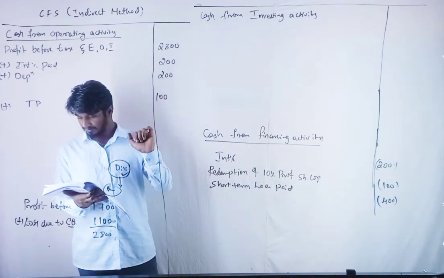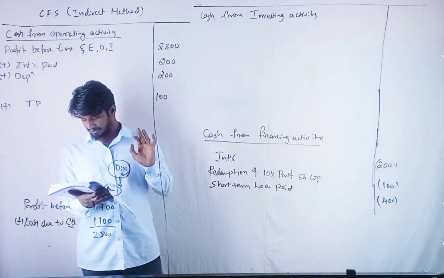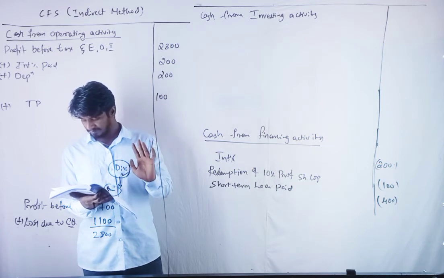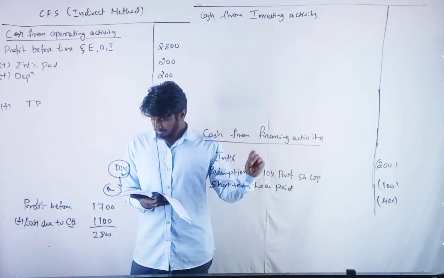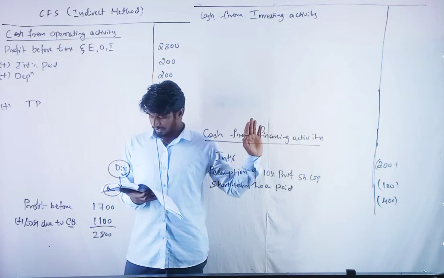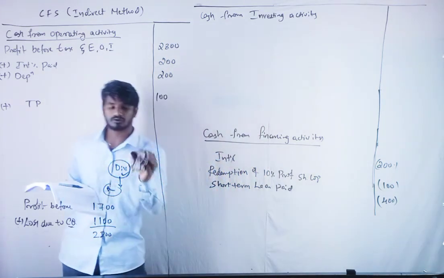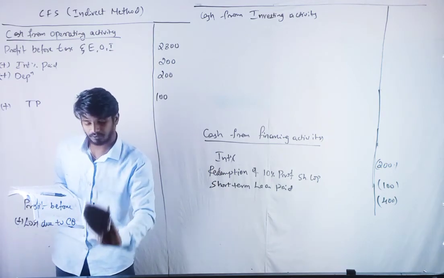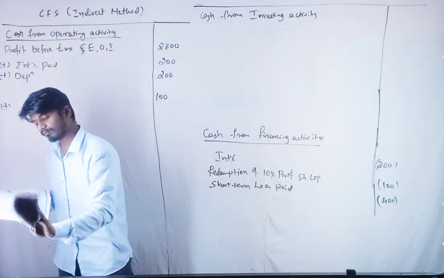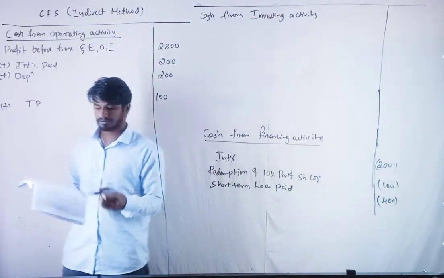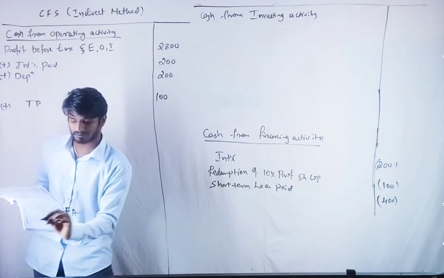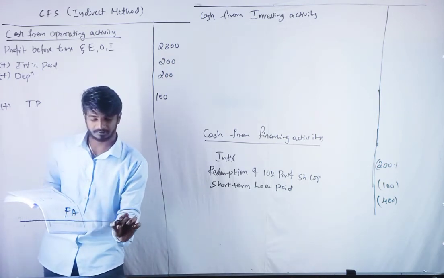Okay, fine. In the fixed asset related to that, they have given some additional information. They have sold some 100 lakh worth of land. Shall we do an account? Fixed asset account. You can understand it better, right?